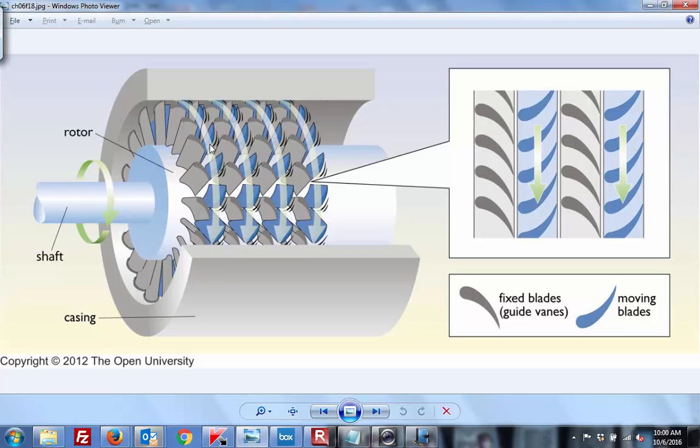Kind of looks like a miniature airplane wing with an angle of attack. And so as those molecules come through in the axial direction, the moving blades spin obviously in the circumferential direction.